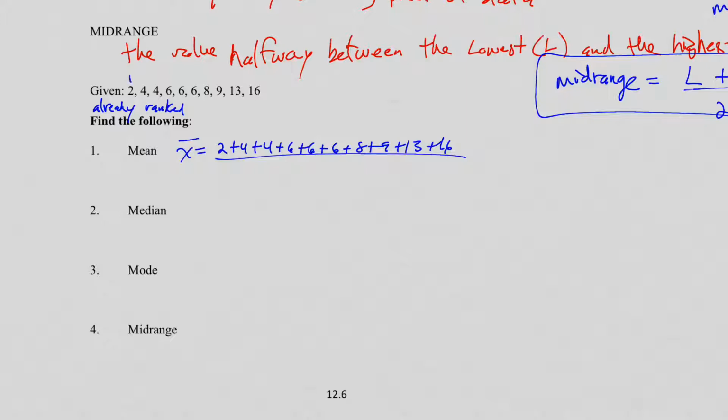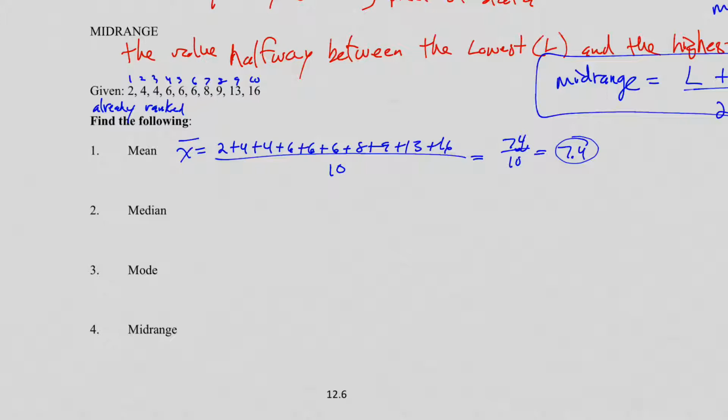Then you can count 1, 2, 3, 4, 5, 6, 7, 8, 9, 10, so we're going to divide by 10. Add those up, you get 74 divided by 10. Move the decimal over, it's 7.4. So 7.4 is the number that represents these 10 values.